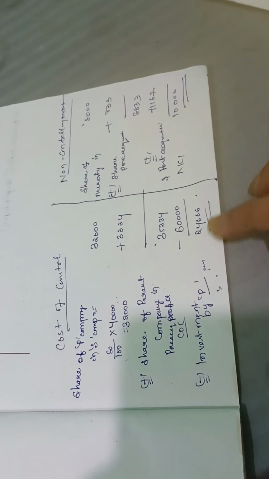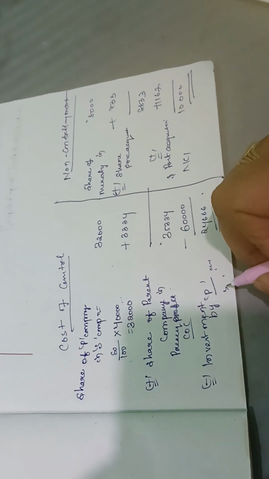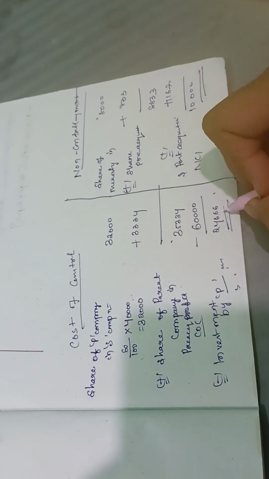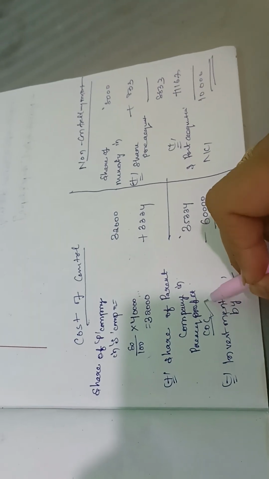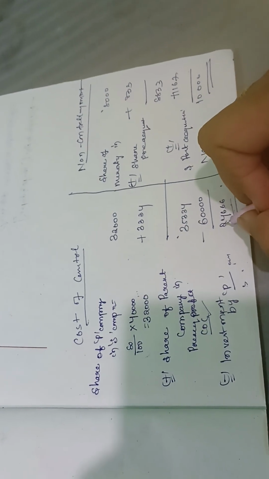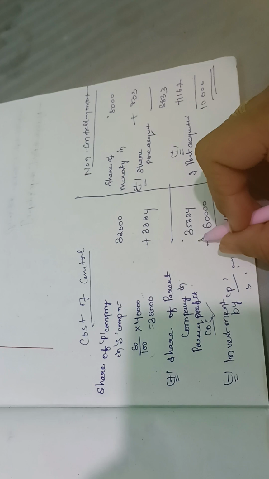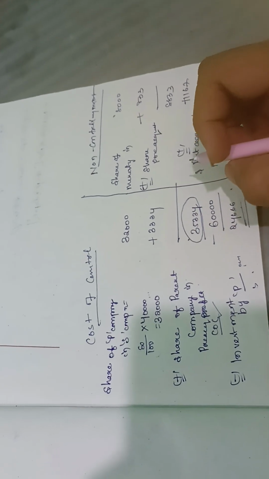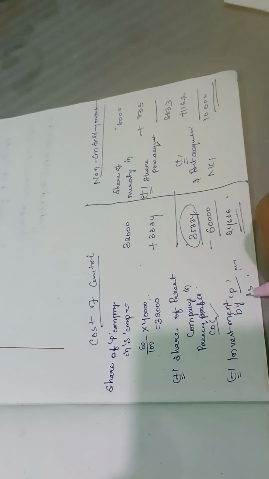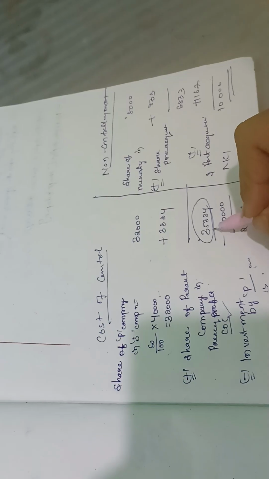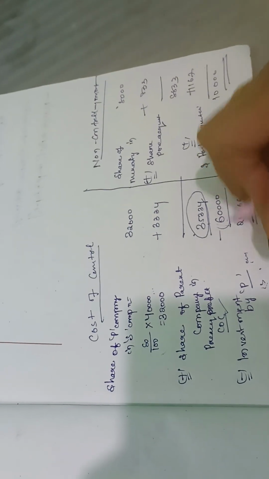After all that, we get the COC, the cost of control, which is 35,334. Then we deduct the investment from the cost of control, and it is a minus figure.